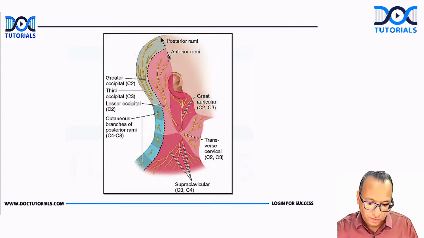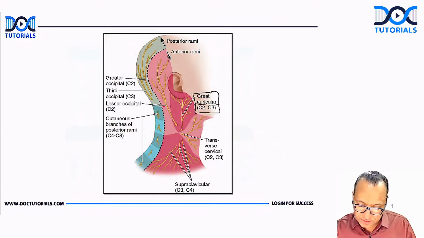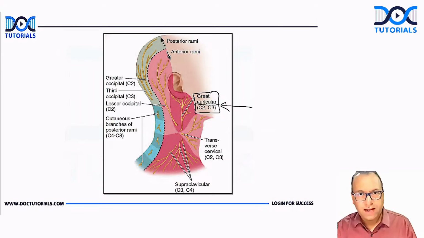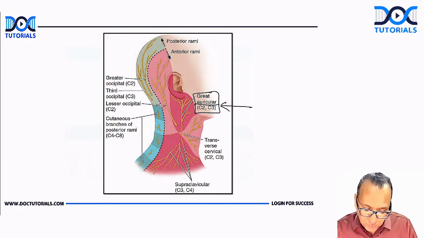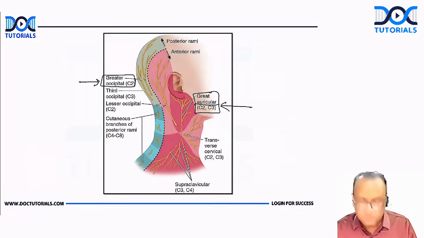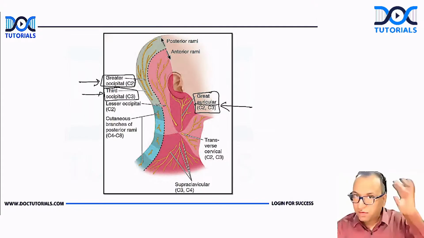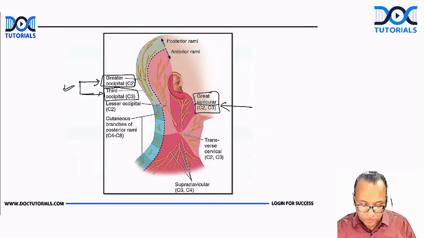There is no doubt about it that if we are talking about the greater auricular nerve and C2, 3 root value, pain can be there because the dermatome is C2, 3, which is the same root value as the dura mater being supplied. Otherwise, you can say the greater occipital nerve, which is on the back of the head, the third occipital nerve, which is on the back of the head, they appear to be better answers.